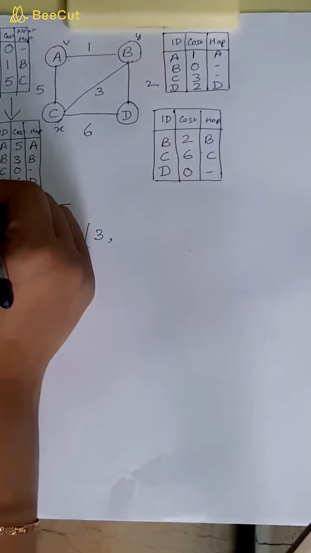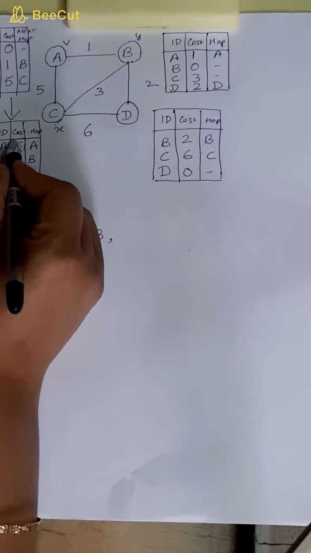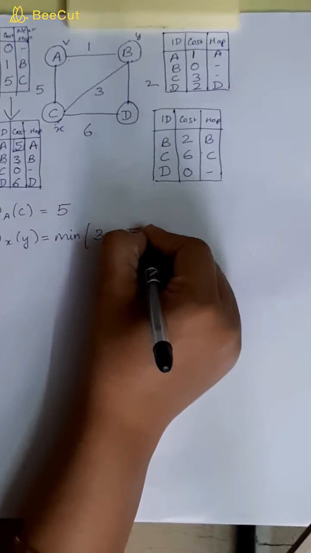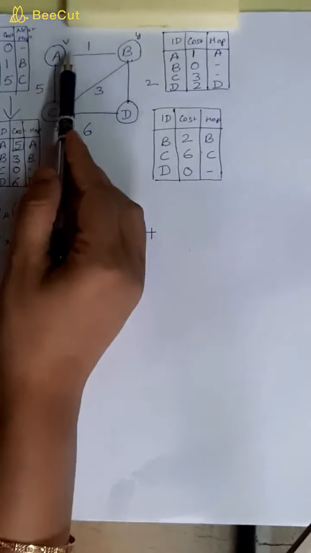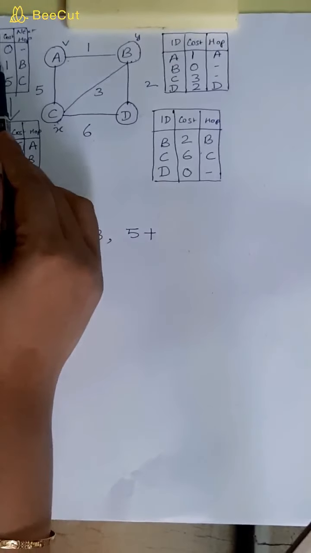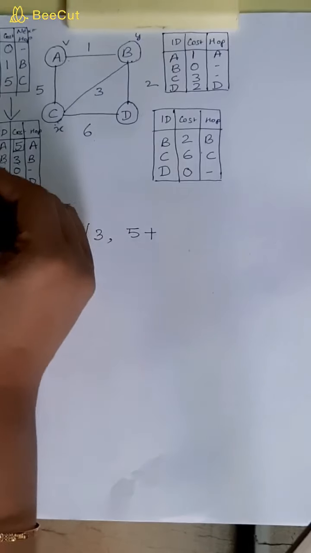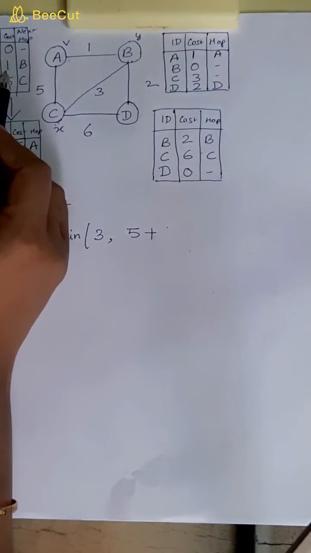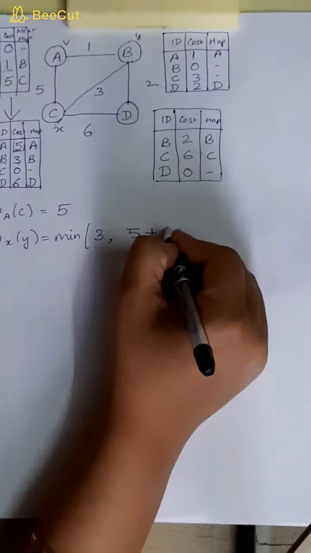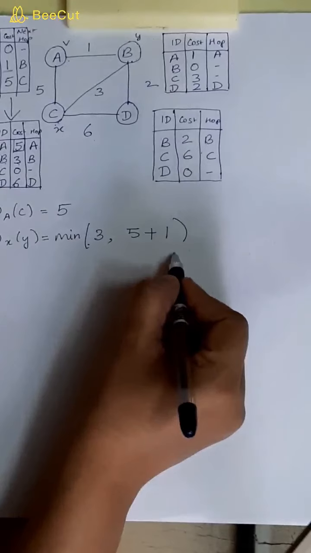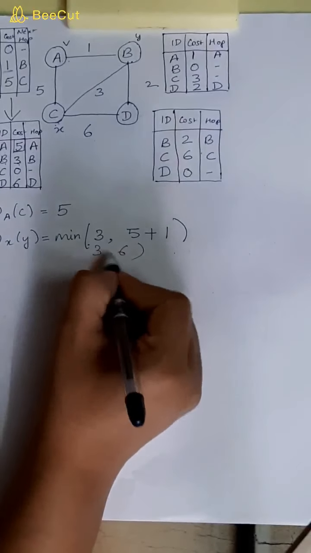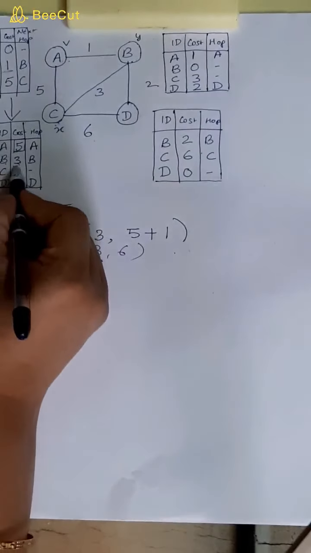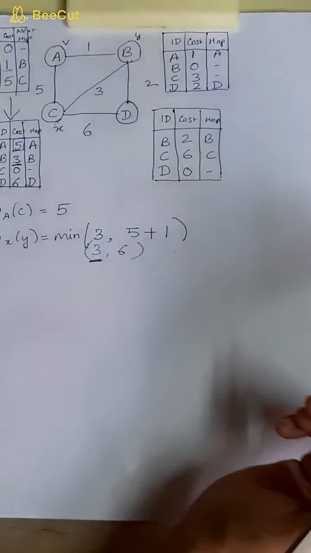Plus, from A to B, whatever table A has sent, you have to check that value, 1. From A to B, you have 1. So we'll add 1 over here. So minimum of these two is 3, 6, minimum is 3. So we'll keep this as it is.